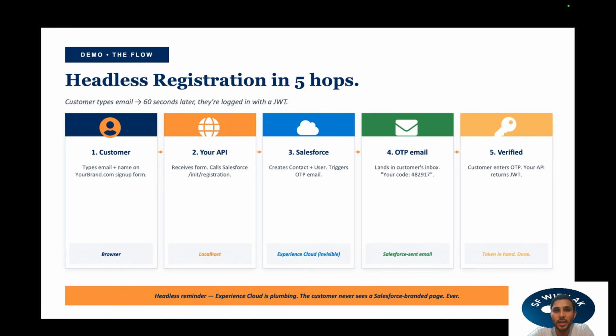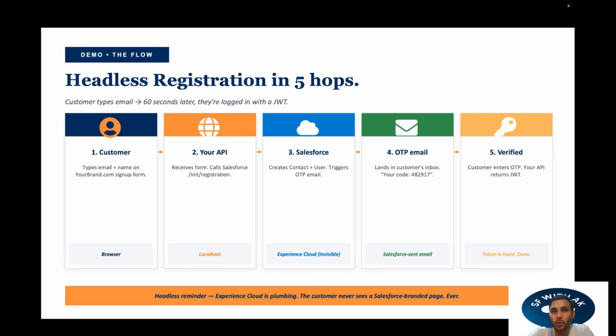Let's see how the headless registration will look like for a customer. It will complete in 5 steps. 1. The customer types in their email and name on your form. 2. That hits your API. When they submit the form, that will reach your API. Your backend will call Salesforce init registration endpoint. 3.